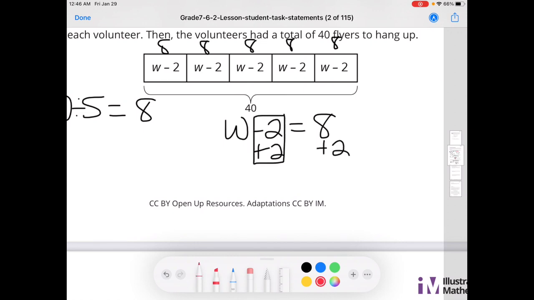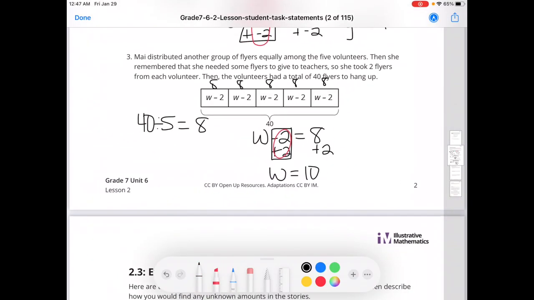There's a negative 2, positive 2, which I know equals 0. And 8 plus 2 equals 10. So that means originally the volunteers had 10 flowers each, and then after May removed the 2 flowers from each volunteer, they were left with 8 flowers each.